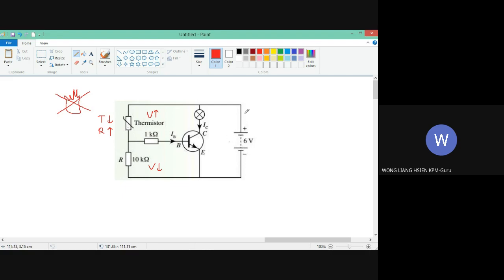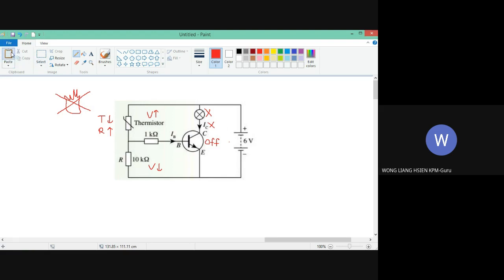So at room temperature, most of the 6 volt will go to the thermistor. So the 10 kilo ohm only gets a very small voltage, which is not high enough to turn on the transistor. So the transistor is off, so the fire alarm is also off. No current.